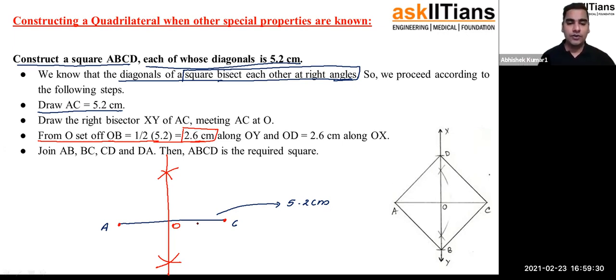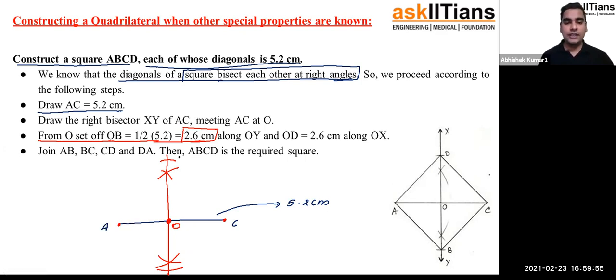Then assume O to be the center and mark an arc of length 2.6 here. Again assuming O to be the center, mark a second arc of length 2.6 below AC. Those two arcs are going to cut this perpendicular bisector at some points.